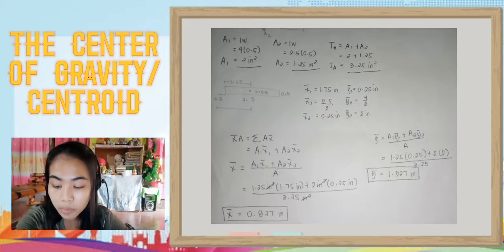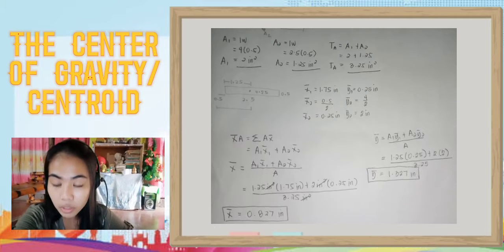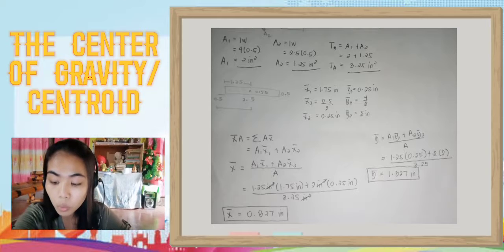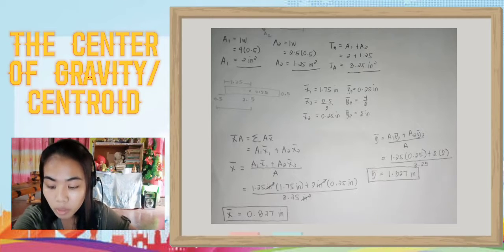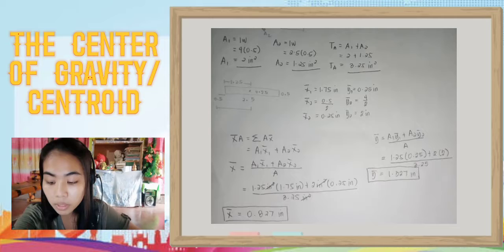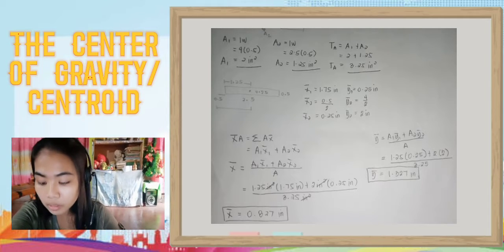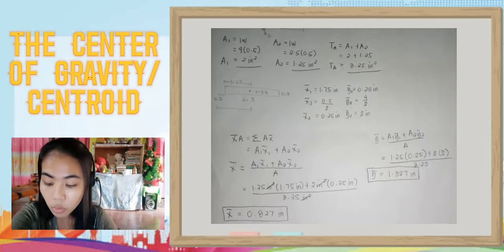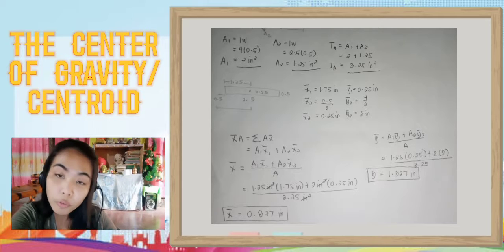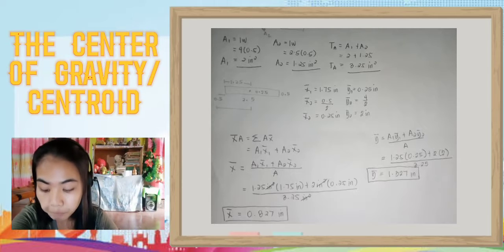So, gagamit tayo ng formula na area 1 times x bar sub 1 plus area 2 times x bar sub 2. So, para makuha natin yung x bar, i-divide na natin ito sa area. So, ang x bar is equals to area 1 times x bar sub 1 plus area 2 times x bar sub 2 over yung total area.